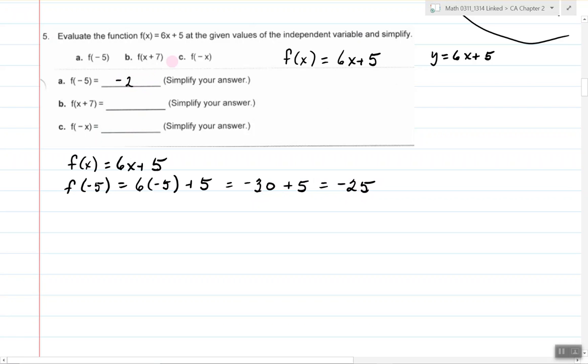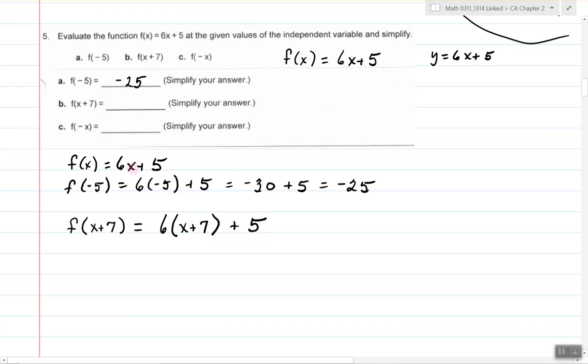It's kind of messy. Next, they said, all right, so now find f of x plus 7. Now I know this looks a little odd, but in the definition, where there used to be an x, I'm going to put an x plus 7. So it will be 6 parentheses x plus 7 plus 5.